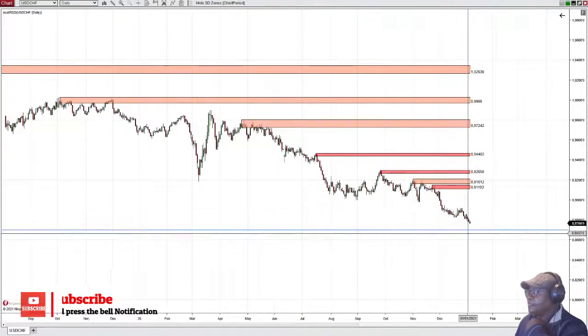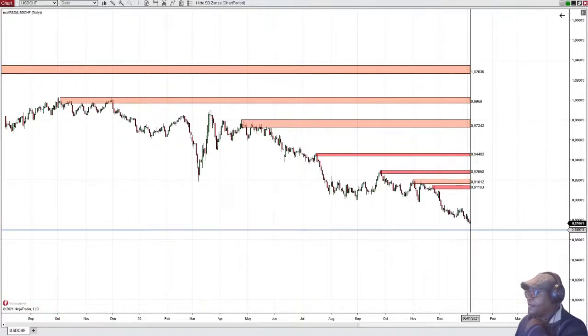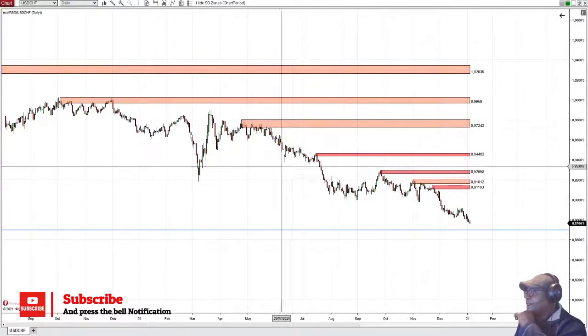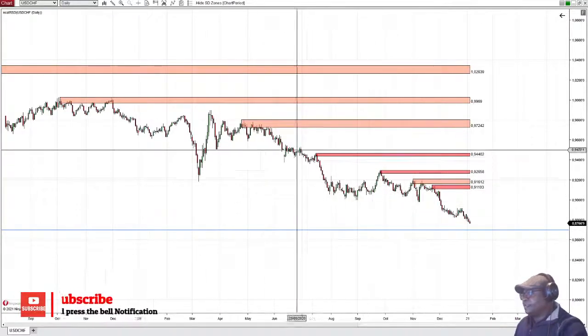So there's a potential that it's going to come down there and test this. I believe on TradingView this 86.99 is the lowest low it has ever reached, and that was in 2014. So I believe it's still going to touch here.